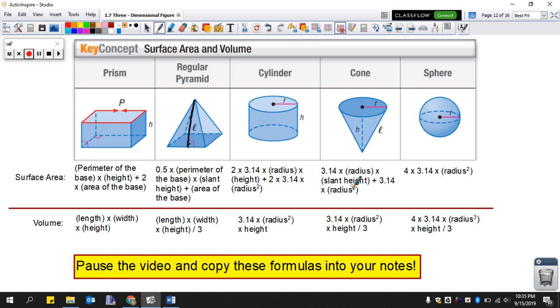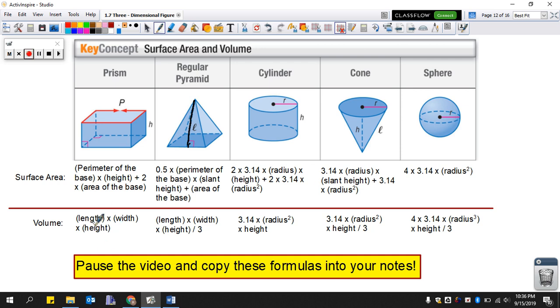Cone is 3.14, or pi, times the radius times the slant height, plus the area of a circle. And the surface area of the sphere is 4 times the area of the circle that makes up the sphere. So 4 times 3.14 times the radius squared, which is the area of the circle that makes up the sphere.